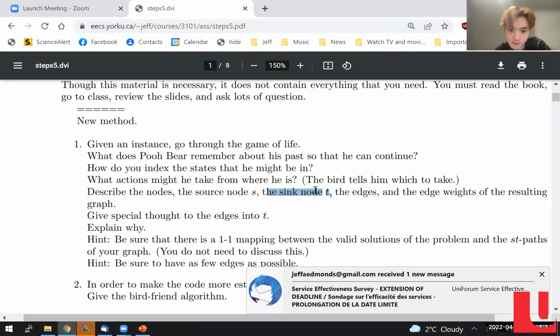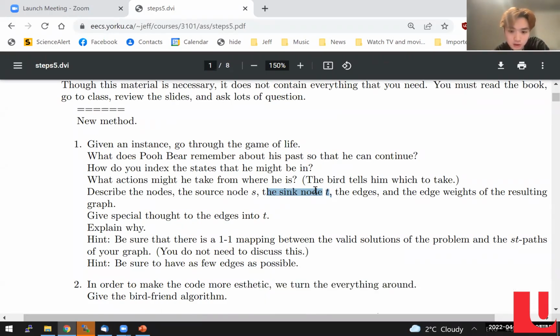Sorry, I have a question, Professor. So the weight of the graph means the edge weight from the source node S to the T, right? In the best case. Can you say your question again? I mean, you said that if we do not choose the edge, the weight of the edge will be 0.